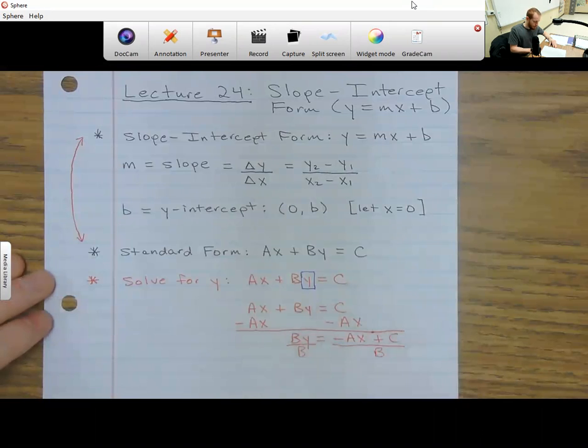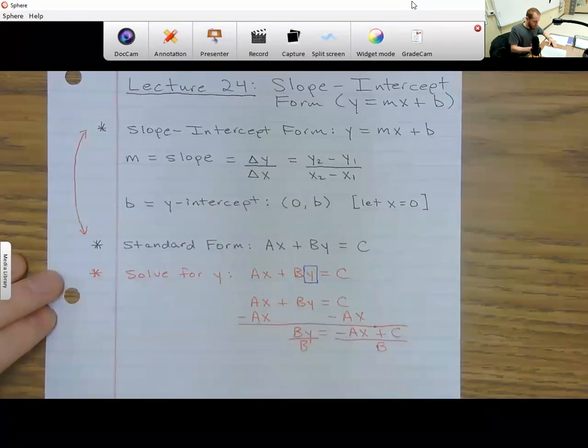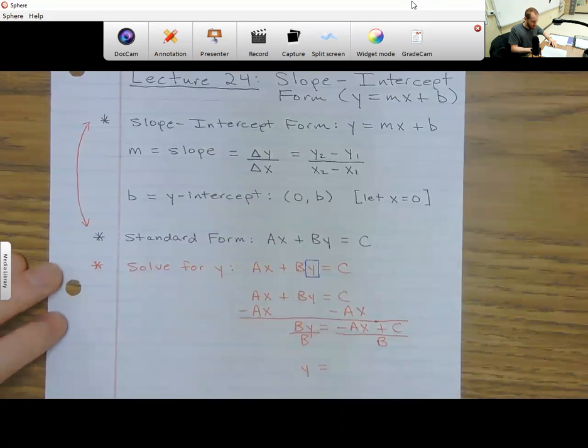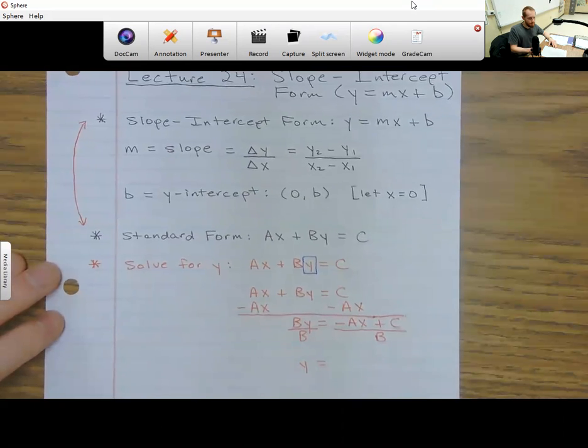And what's that going to do? Well, first of all, they kind of cancel out on this side. So I'm only left with y, which is good. That's what I was trying to get. Trying to get y by itself. Everything is now over on the right side. Now, I'm dividing everything on the right side by b.